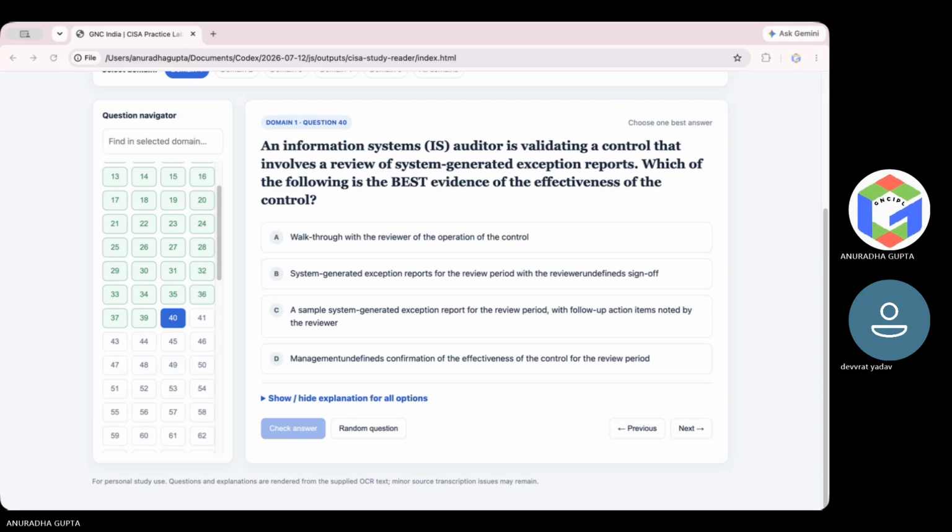An information system auditor is validating a control and also a system generated exception report. Exception reports. Which of the following is the best evidence of the effectiveness of the control? Walk through with the reviewer.